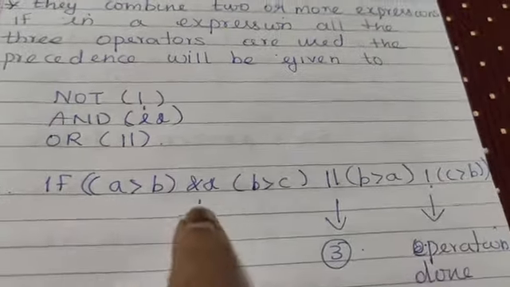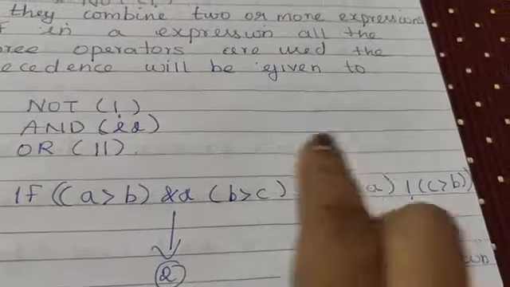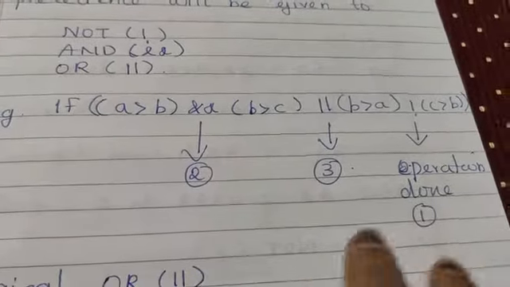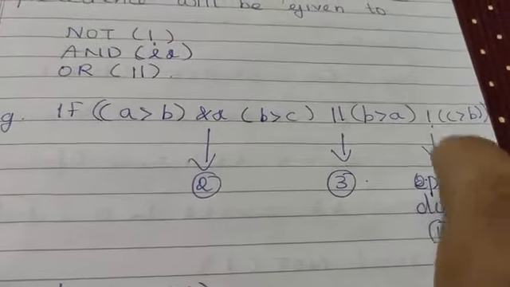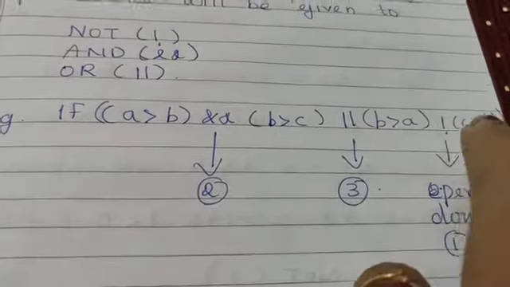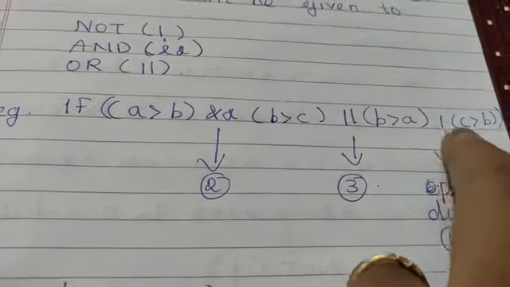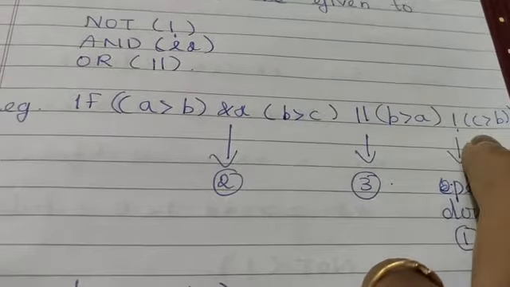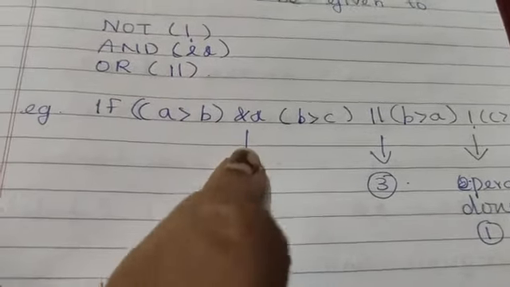If like that, see, all the three operators are used. If you use it like this, the precedence will be given to the not operator first. Precedence means first preference. Whenever it sees the not operator, that particular thing will be done first, and then it will go to the AND operation.